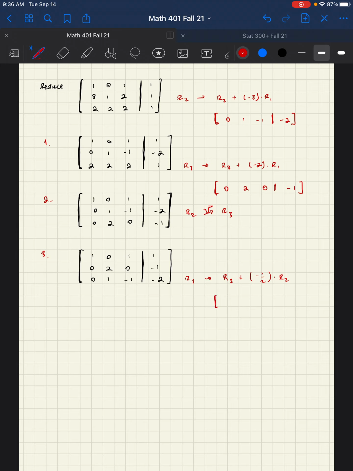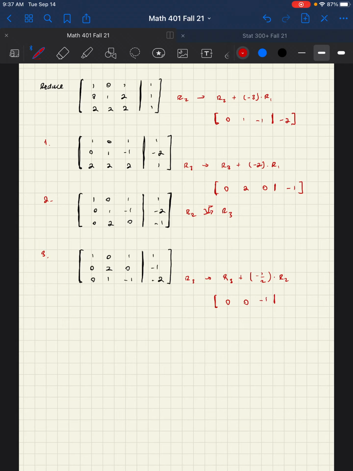What is that going to leave us with? When you have two zeros right above each other, nothing's going to change. There's just going to be 0, okay? The zeros don't change. The 2, when we multiply that by negative 1/2, we get negative 1. Add that to 1, you get 0. And then the 0 again doesn't change anything. So the last one here is going to be negative 1.